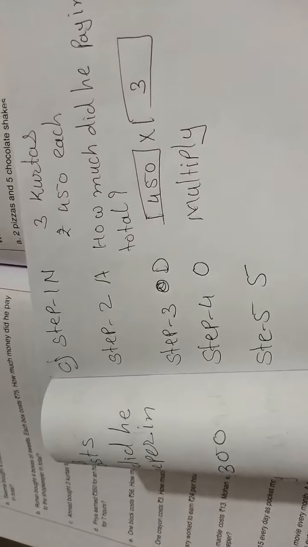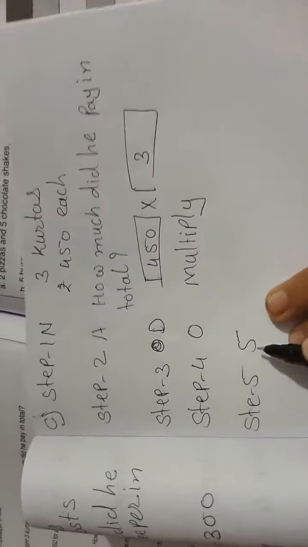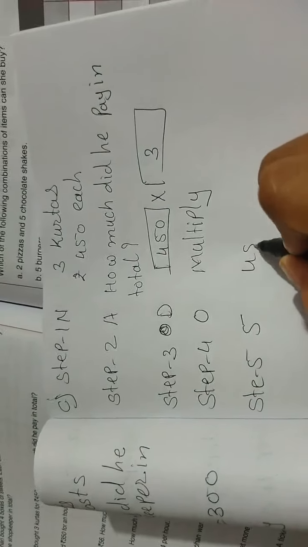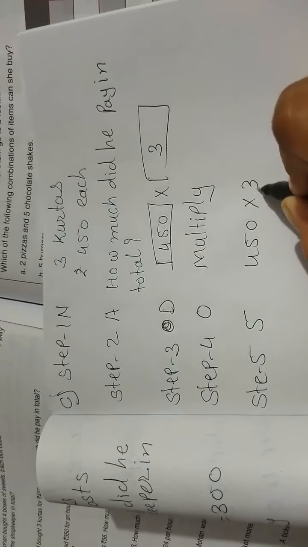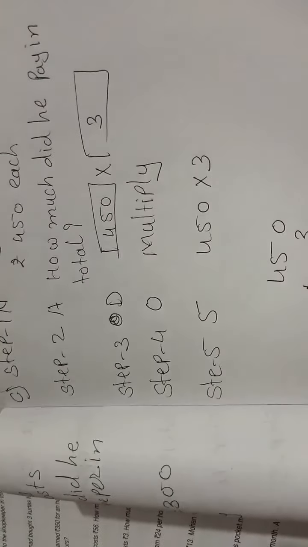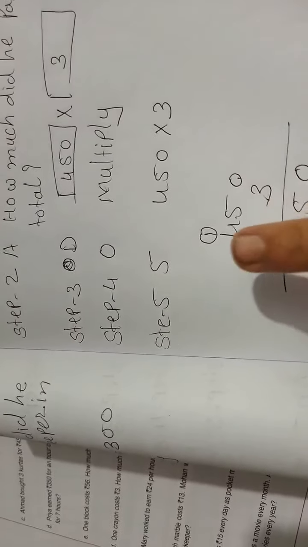Step number 5 is the solution. So we have to write 450 into 3. 3 zeros are 0. 3 fives are 15. 1 is a carryover. 3 fours are 12. 12 plus 1 is 13.